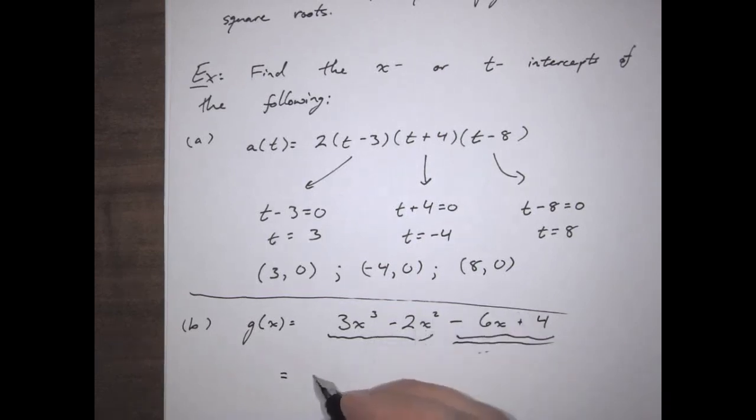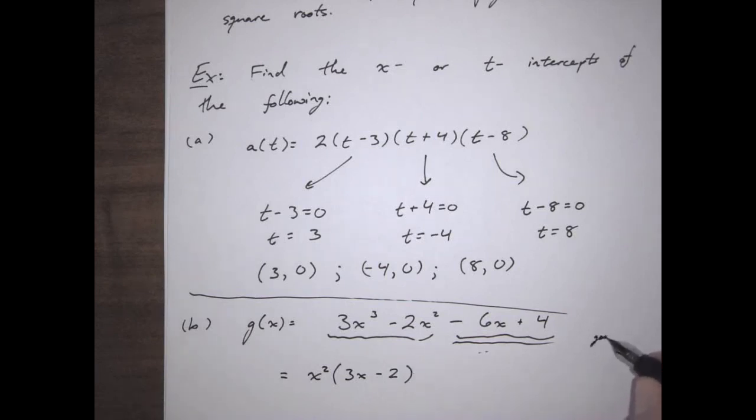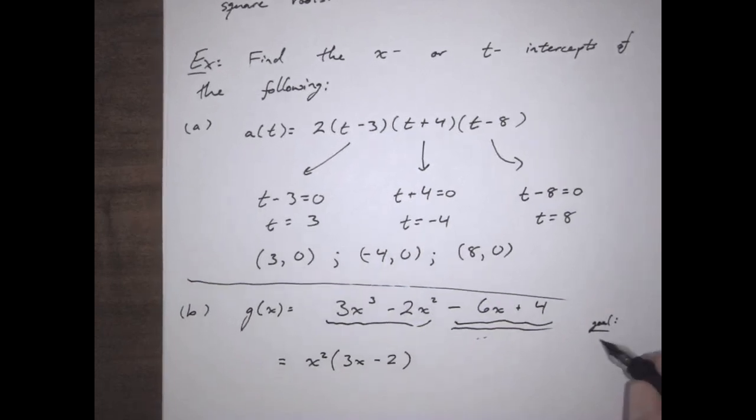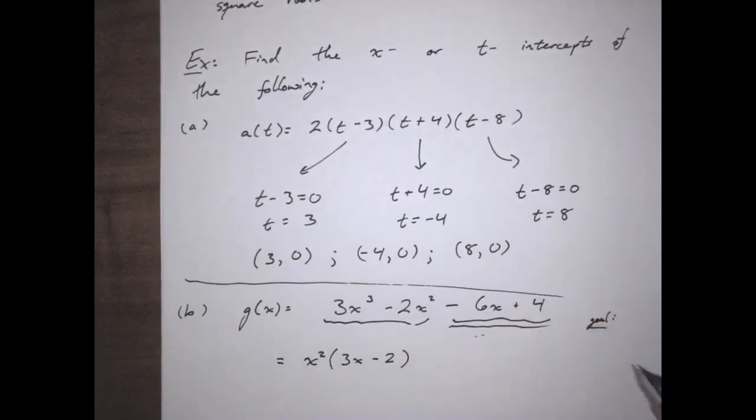So here, the common factor that they both share is an x squared. And if you pull that out, that's going to leave a 3x minus 2. Now the goal here is to pull out whatever you can so that this will also leave behind a 3x minus 2. Both leave the same factor behind.